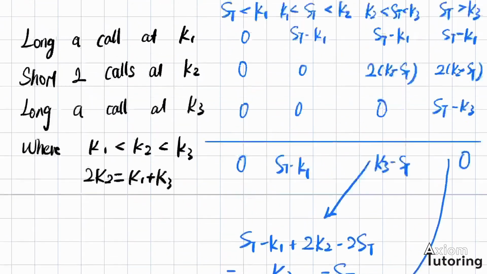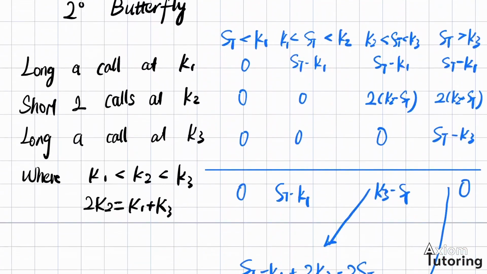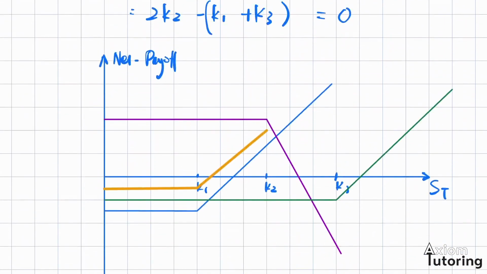And then after K2, we would have K3 minus St. So we'll go back again down here, and then we'll continue with the flat line.